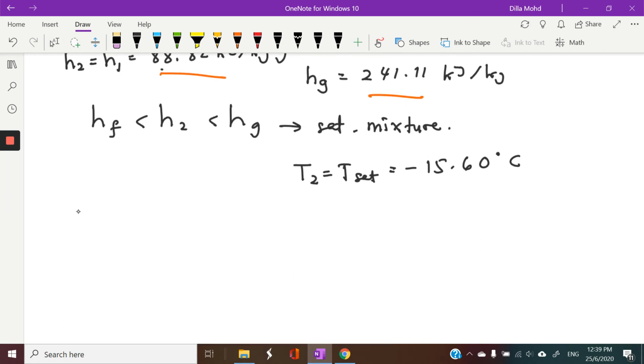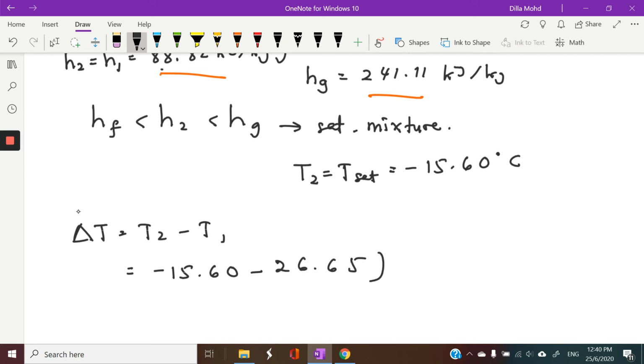Now that we have both temperatures, we can find the temperature drop, delta T, which equals T2 minus T1. This is equal to minus 15.60 minus 26.69 degrees Celsius, which equals minus 42.3 degrees Celsius. So you have answered the first part of the question.